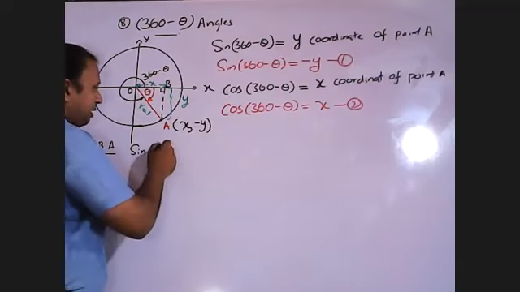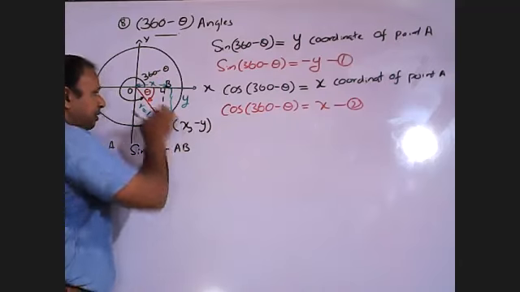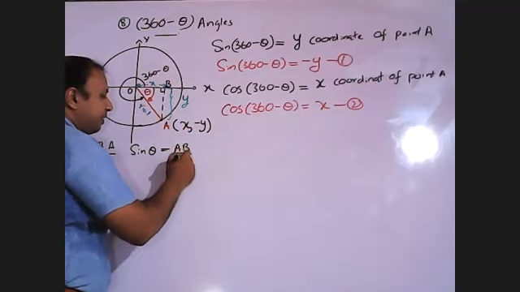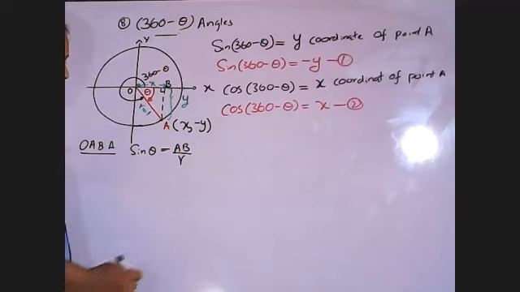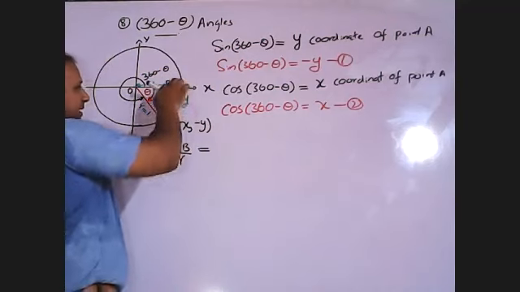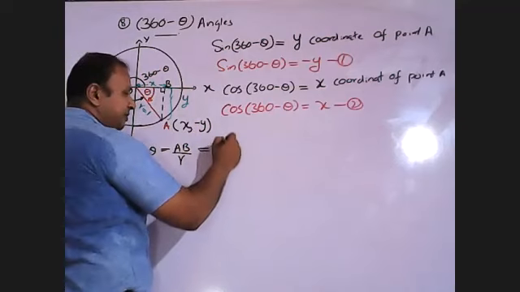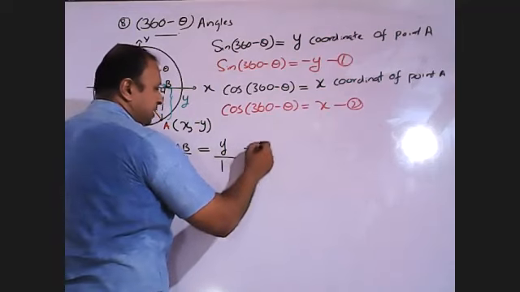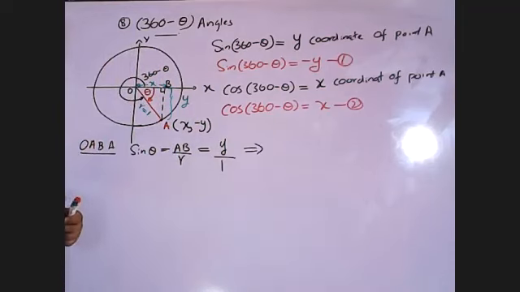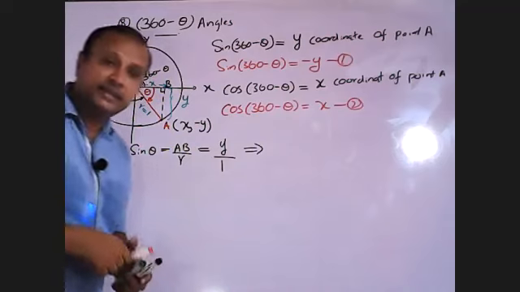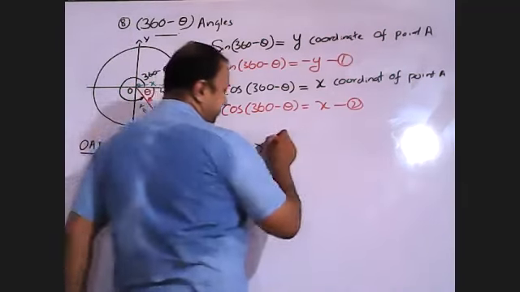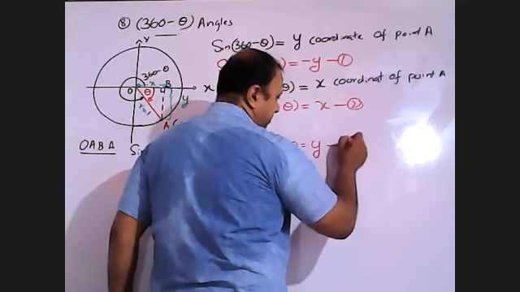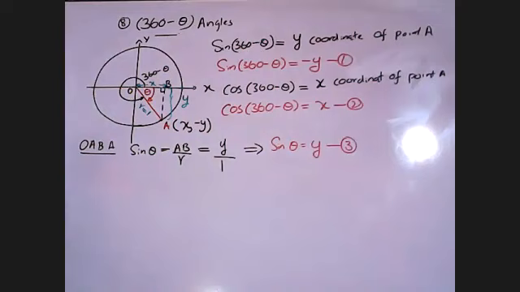Opposite side is AB, hypotenuse is R. Therefore, AB is equal to y, and R is equal to 1. That means y over 1. That means sine theta is equal to y. Put it as 3.